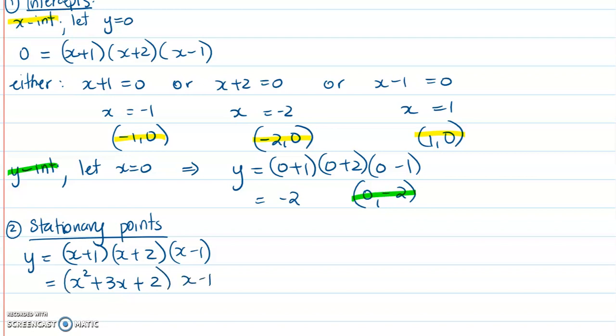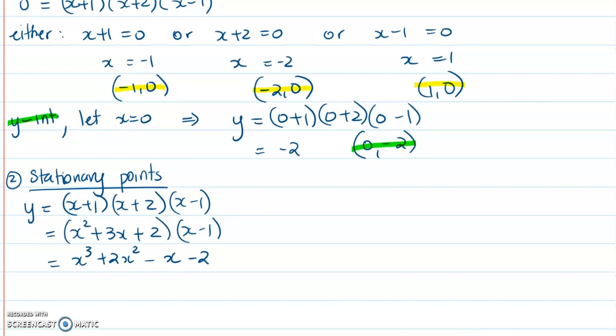And that's expanded into x take away 1, which gives us x cubed plus 2x squared minus x minus 2. Now to find the derivative function, all we do is differentiate that, and that gives us 3x squared plus 4x take away 1.